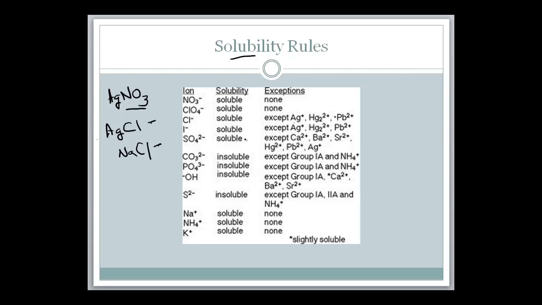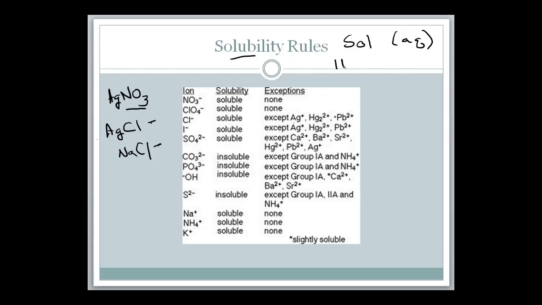This is going to be important for when we write double replacement reactions. If something is soluble, it's going to get the aqueous subscript. In other words, if it's soluble, it dissolves in water, forms an ion, so we're going to say it's aqueous, dissolved in water.